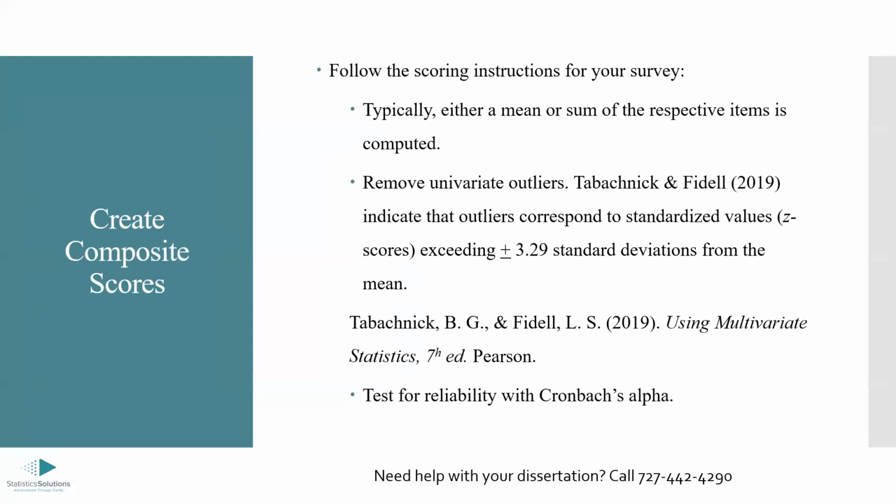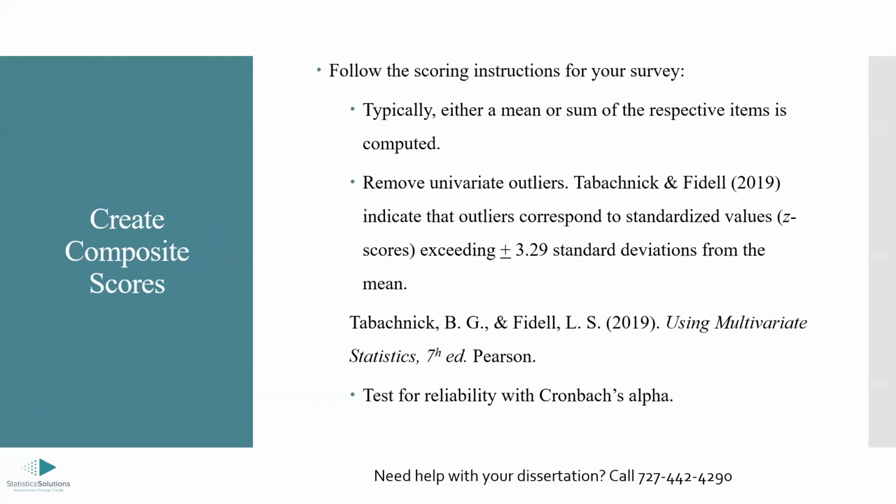The next step you want to do is follow the scoring instructions on your survey. So I did mention that before when it came to reverse coding items. You'll see instructions, and 99% of the time, you are either taking a mean or a sum of the items in the surveys to make a composite score. So for instance, we had leadership effectiveness.